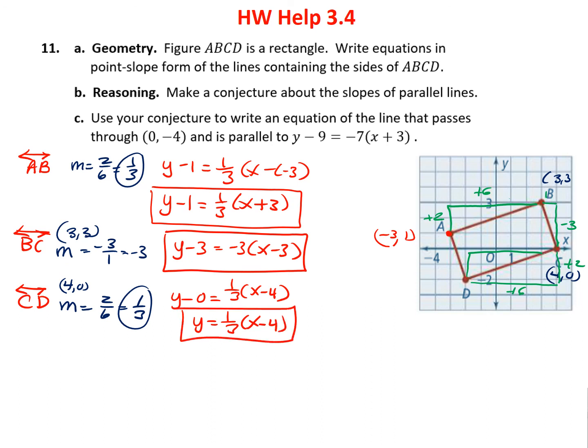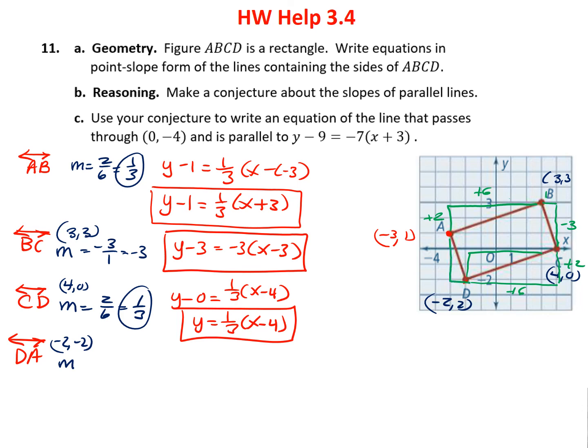And then our last line, DA. Again, I'm going to start with point D, no reason for that in particular: minus 2, minus 2. That's one of the points I'm using. And the slope, this shouldn't surprise us here.